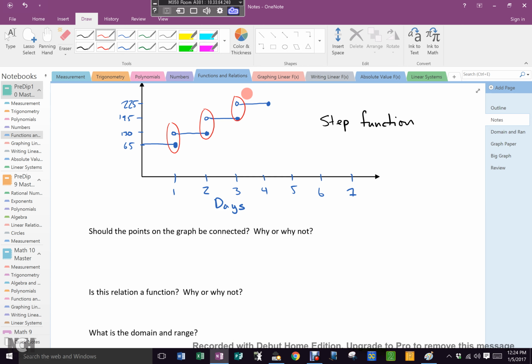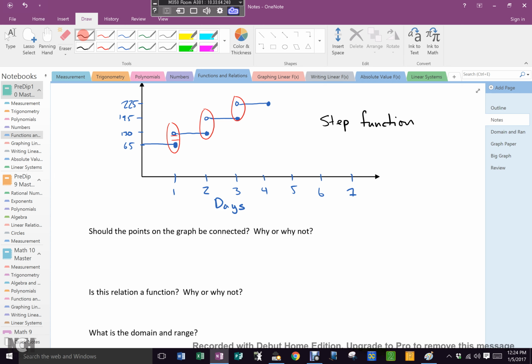Because you won't pay all the numbers in between. Exactly. Does everybody understand what she just said? I will not pay any amount of money between 65 and 130. There's no data there. So I can't have a line there. Do you understand? Is everybody cool with that?